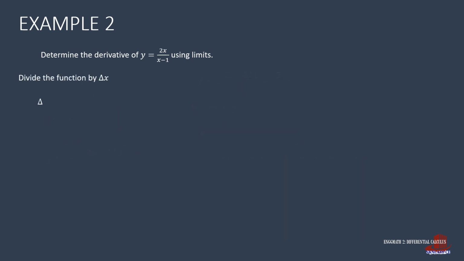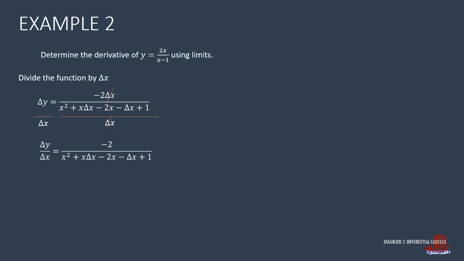The next step is to divide the function by delta x. So from the solved delta y earlier, we place delta x as its denominator, which cancels out delta x from the numerator. So the outcome is negative 2 over x squared plus x delta x minus 2x minus delta x plus 1.